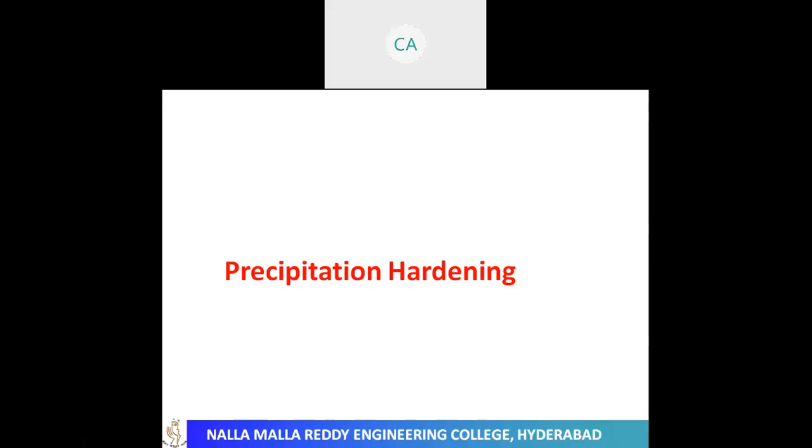Precipitation in solids can produce many different sizes of particles, which have practically different properties. Unlike ordinary tempering, alloys must be kept at elevated temperature for hours to allow precipitation to take place. This is called age hardening or precipitation hardening.